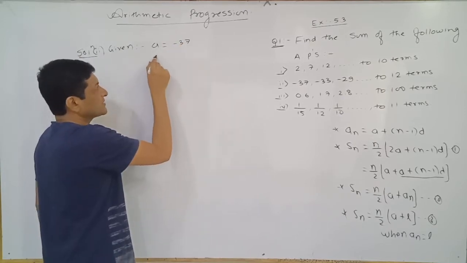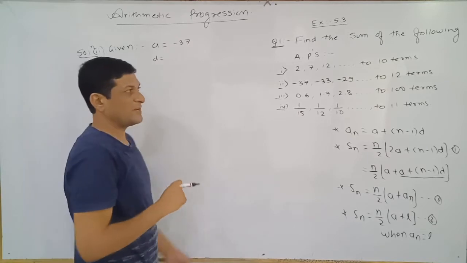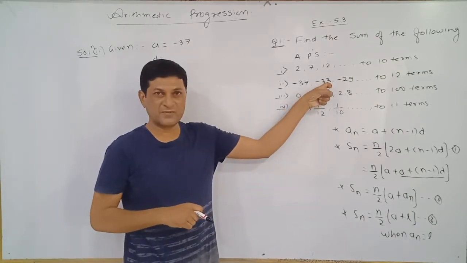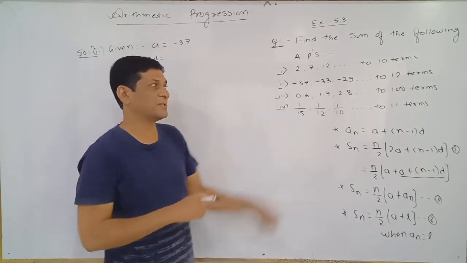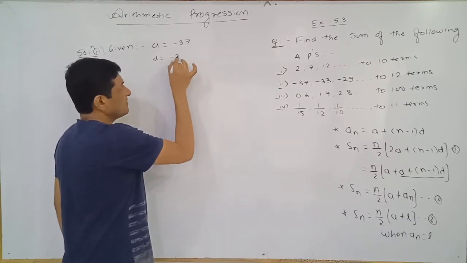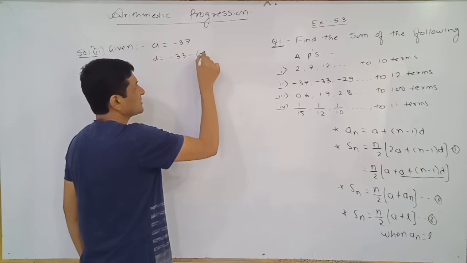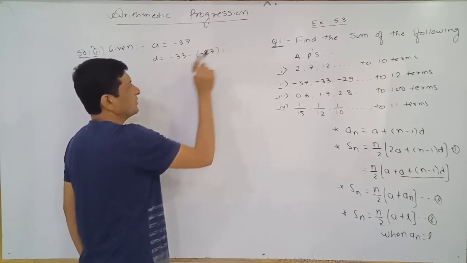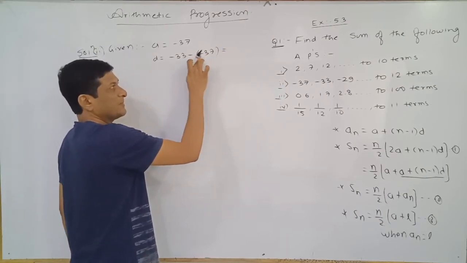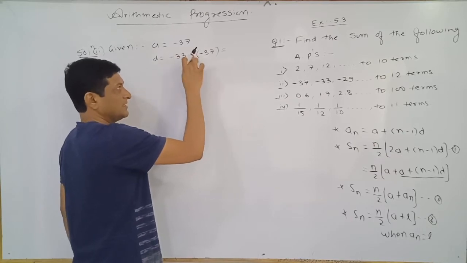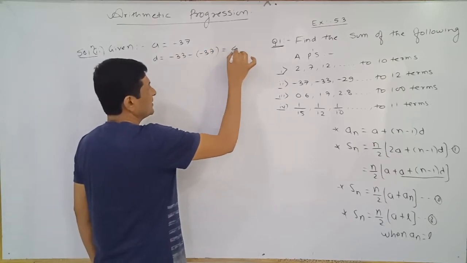Then the common difference. Let us try to find the common difference. While finding the common difference, we take the difference of any term to its previous term. So let us take the difference of minus 33 minus its previous term, minus 37. So this equals, here minus into minus will become plus 37. Minus 33 plus 37 will be equal to 4.